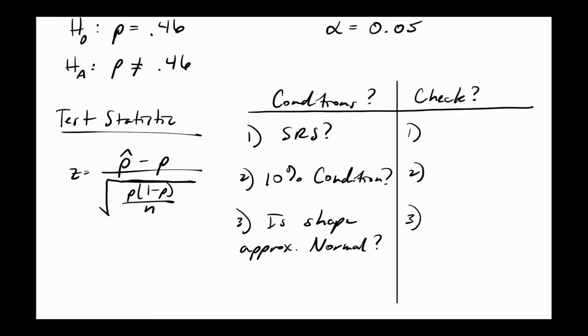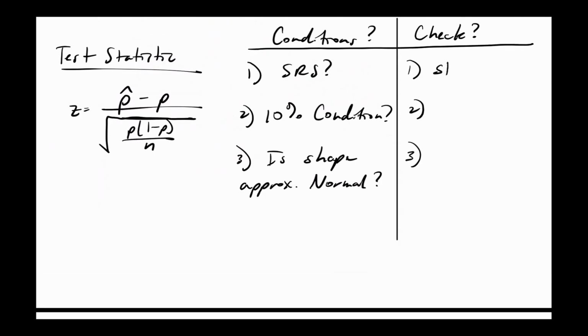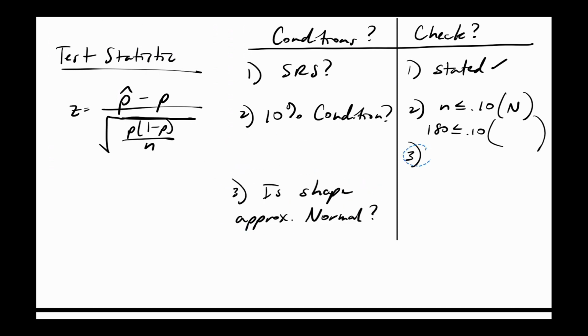All right. So the 180 random sample stated. 10% condition, n is less than or equal to 10% of big N times big N. So n in this case is 180. We don't have a number for big N, but we can put it in words.